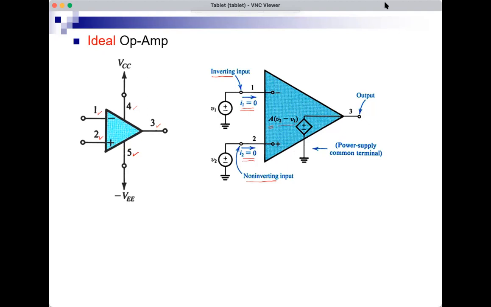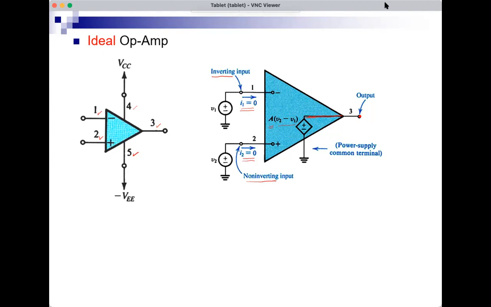And ideally, this is always A times V2 minus V1, irrespective of what's connected to it. In other words, the output resistance is 0. So infinite input resistance, 0 output resistance, no matter what is connected at the output, V3 would be A times V2 minus V1.